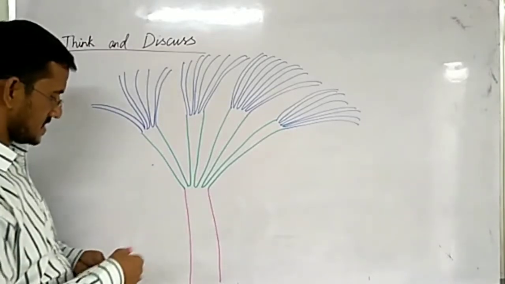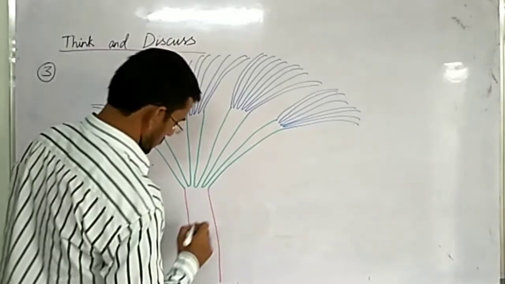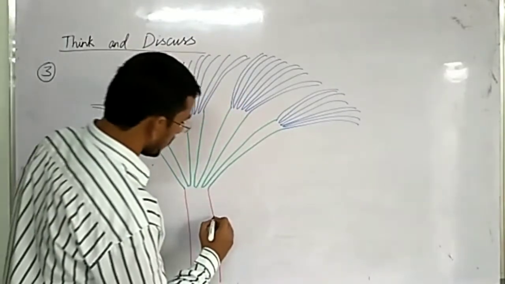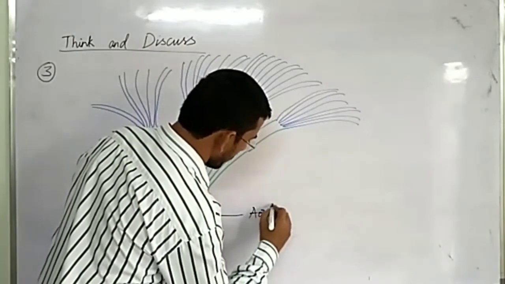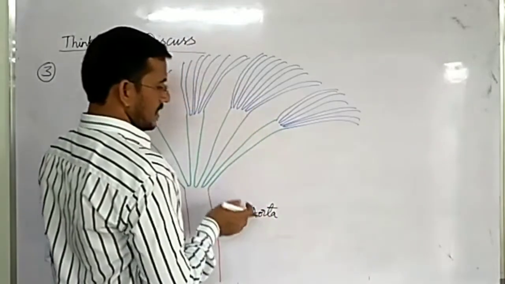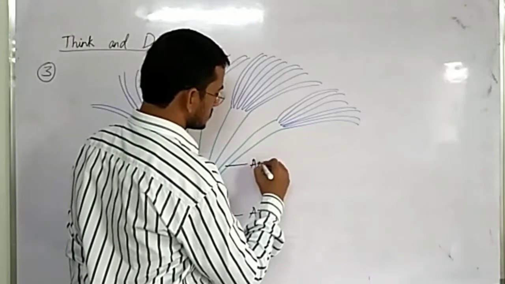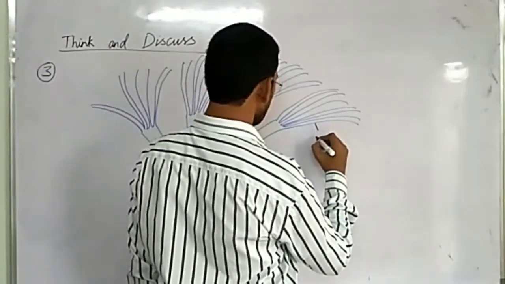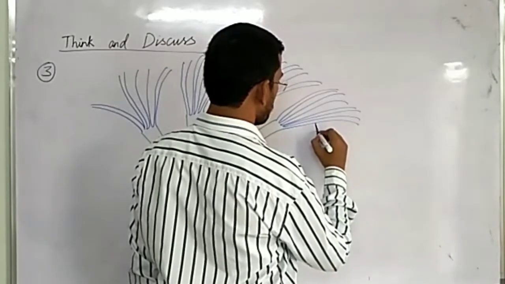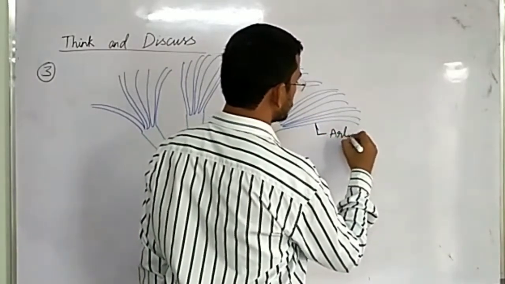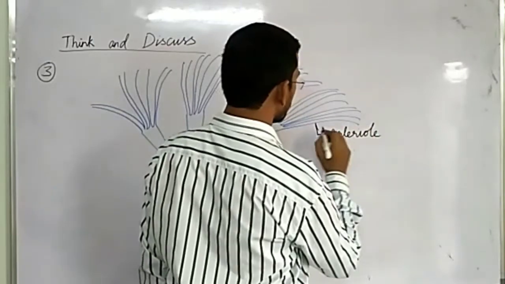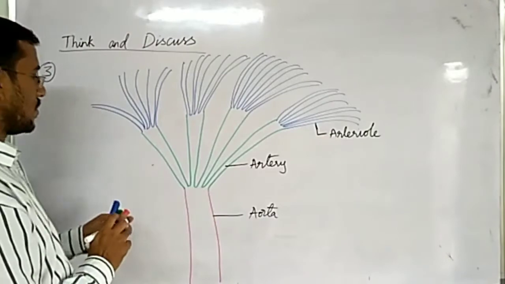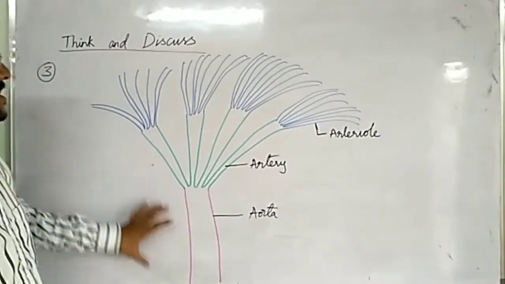So this is the aorta, which arises from the heart, and these are arteries, and these are arterioles. So these are arterioles, arteries, and aorta. They look like a tree.